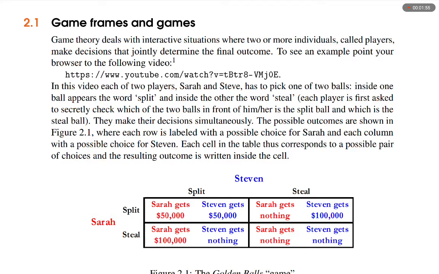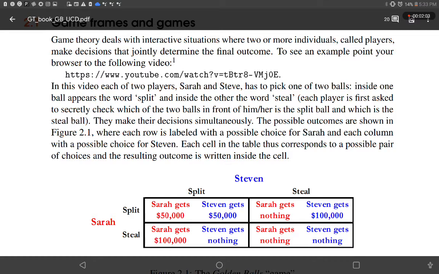The top left quadrant yields split, where Sarah gets $50,000 and Stephen gets $50,000. The next quadrant over has a split on the horizontal axis and steal on the vertical, and in this case Sarah gets nothing and Stephen gets $100,000.